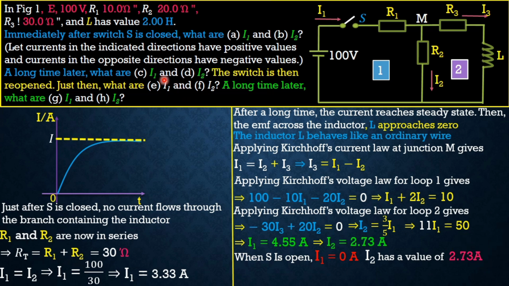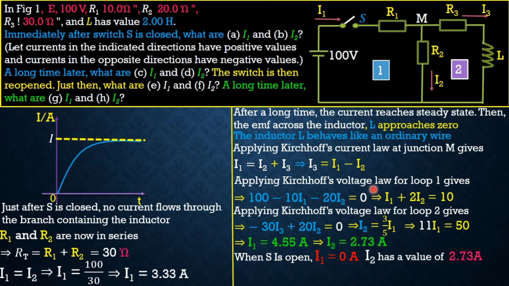Then now they are saying that after a long time, that is with this switch still opened, after that long time, we should get the current I1 and I2. So guys, we know that initially when the switch was just open, I2 was still 2.73, right?